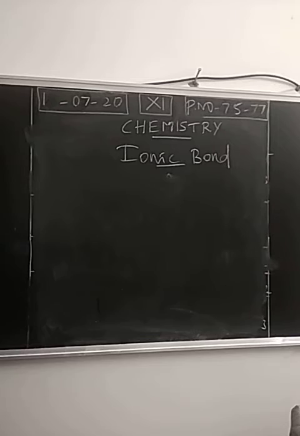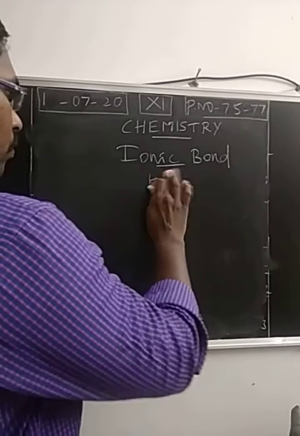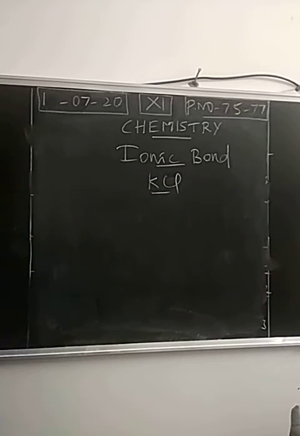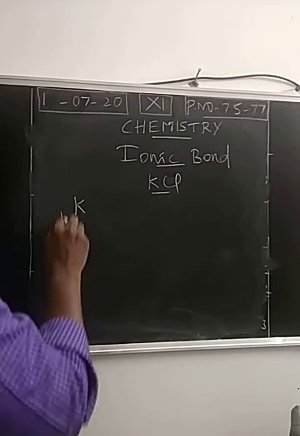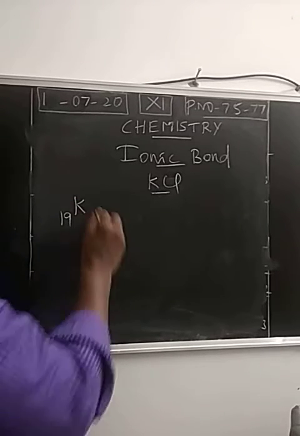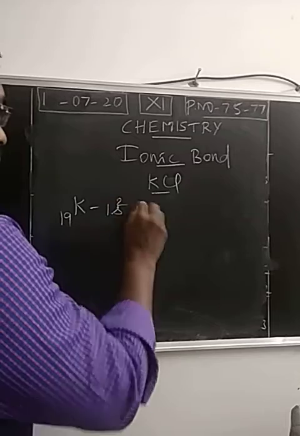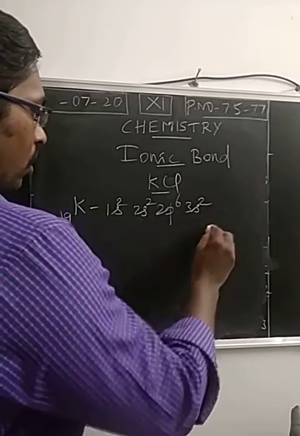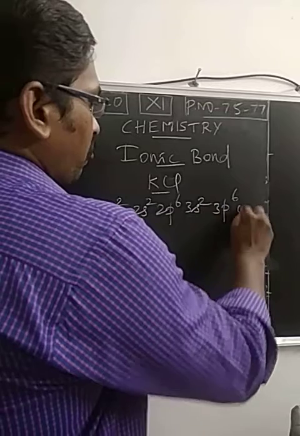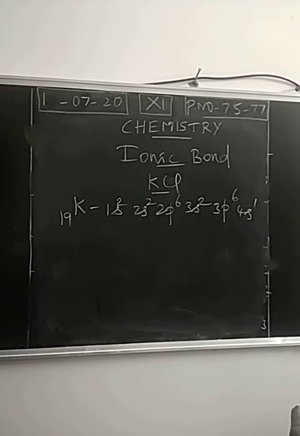So consider potassium chloride. What is the atomic number of potassium? 19. Electronic configuration: 1s2, 2s2, 2p6, 3s2, 3p6, 4s1. So totally 19 electrons are present.